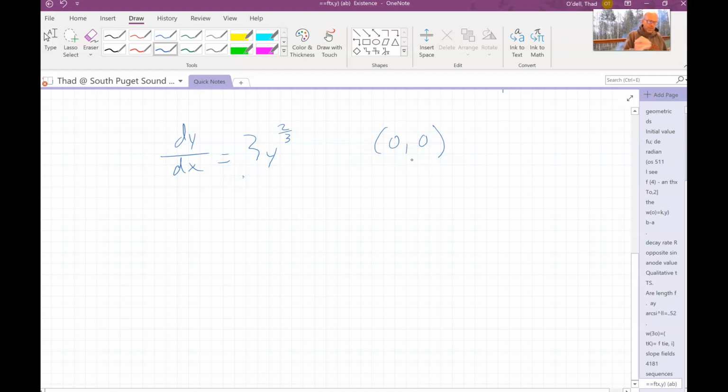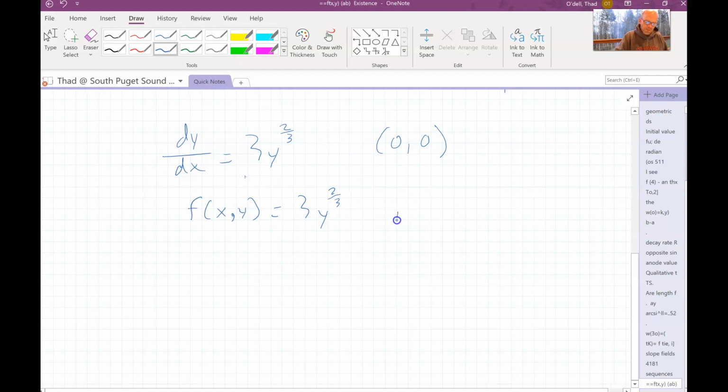The first thing is to check for continuity. Remember, my function is f of x comma y equals 3y to the 2/3 power. Is that continuous? Can I find an open interval around 0, 0 where this function is continuous? Well, this is continuous for all values of y, and there are no x values in this, so we don't have to worry about the x's.